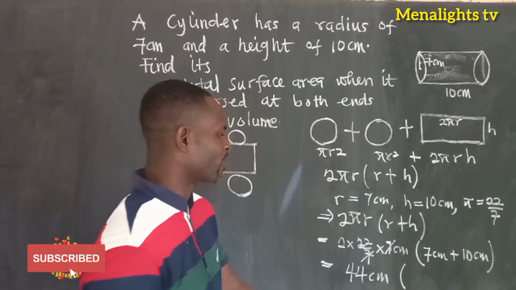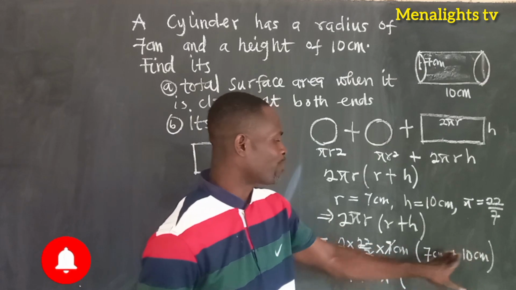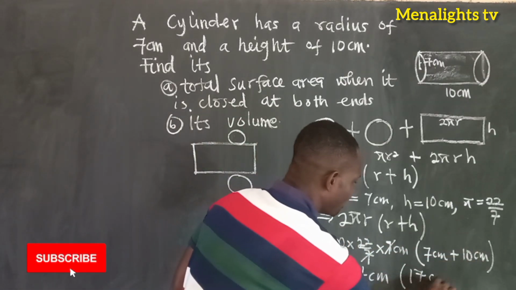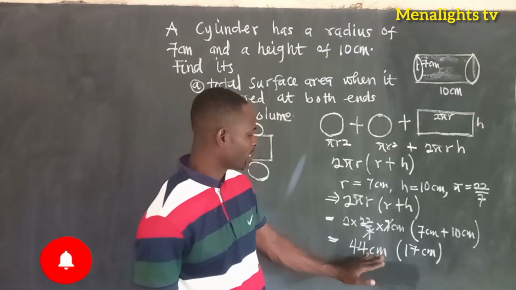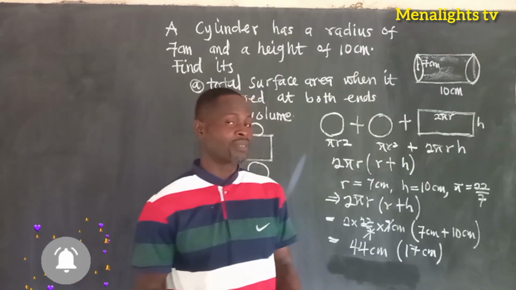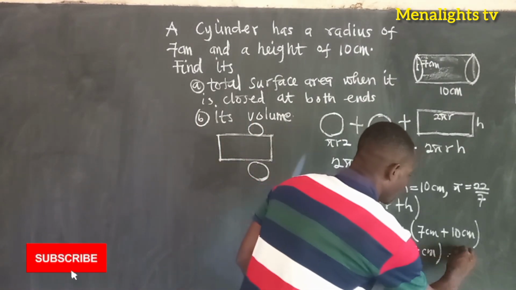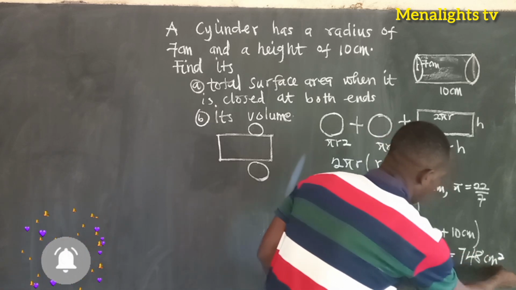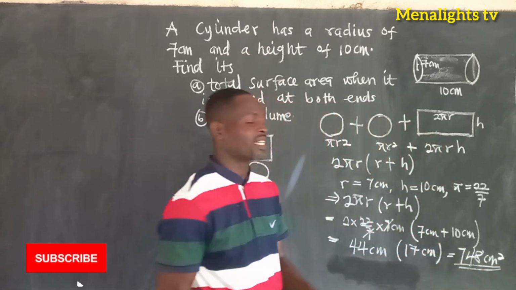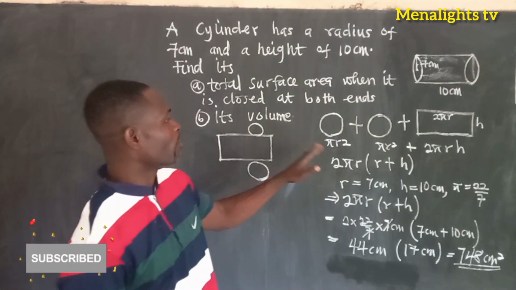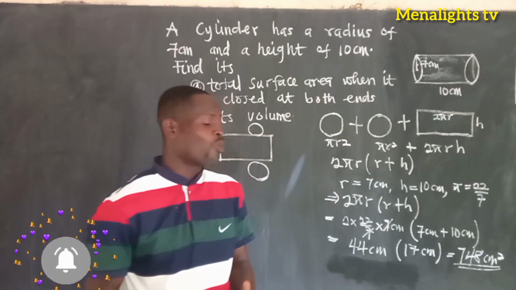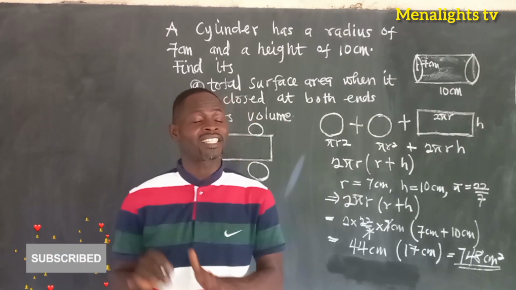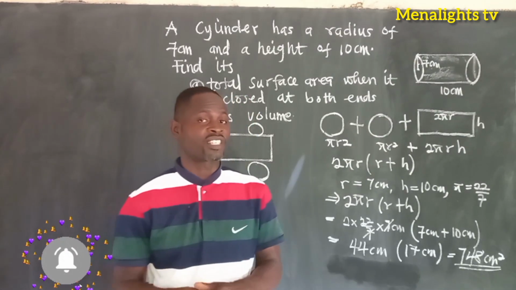Multiplying what we have in the bracket, 7 plus 10 gives us 17 centimeters. So 44 centimeters times 17 centimeters will give us 748 centimeters squared. This 748 centimeters squared is the total surface area of a cylinder closed at both ends if the radius is 7 centimeters and the height is 10 centimeters.